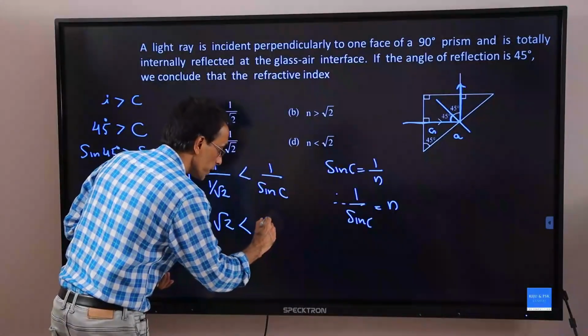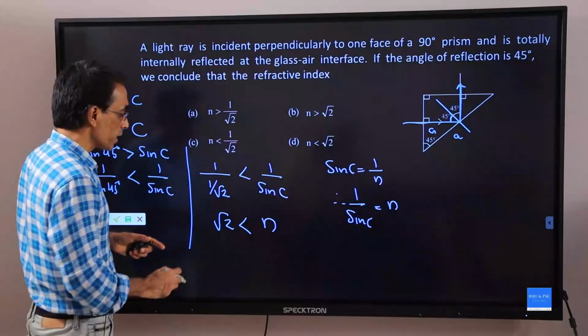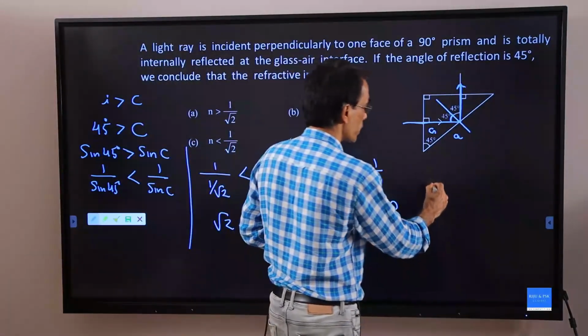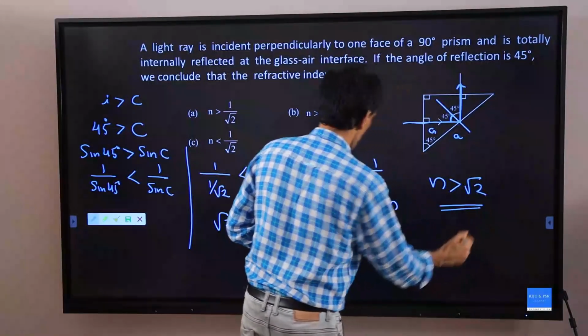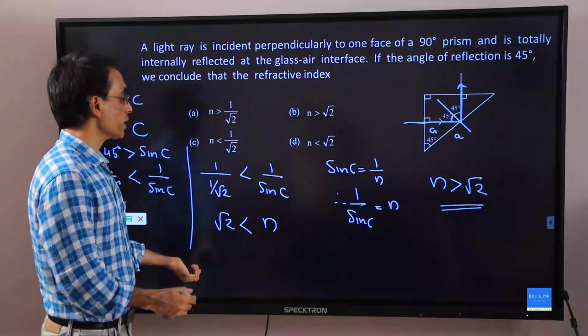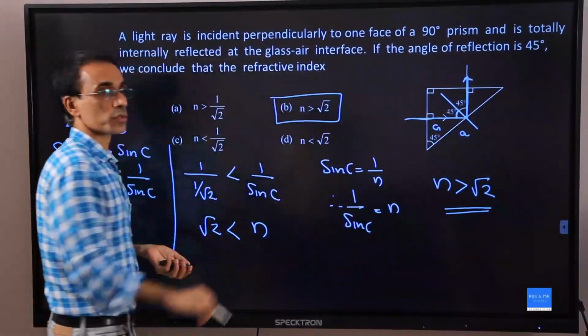So this side should be equal to n. So what is the condition? For this to happen, refractive index of the material must be greater than root 2. So n should be greater than root 2. So that is your answer.